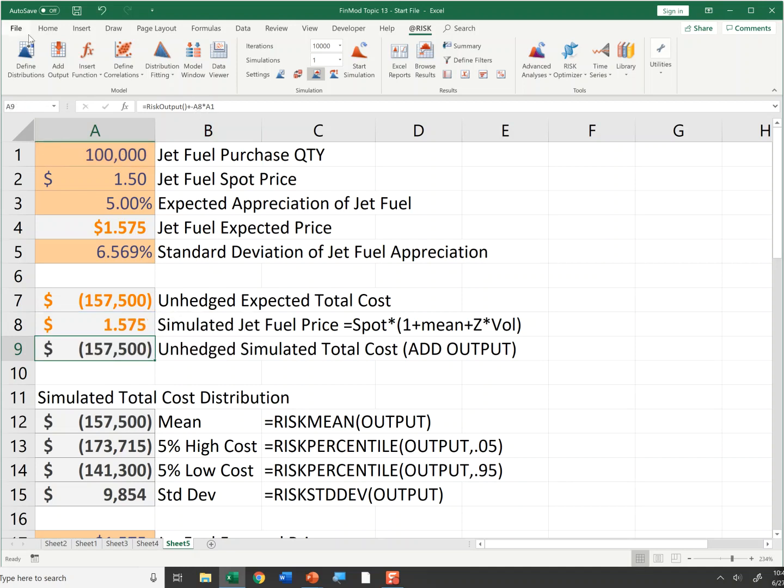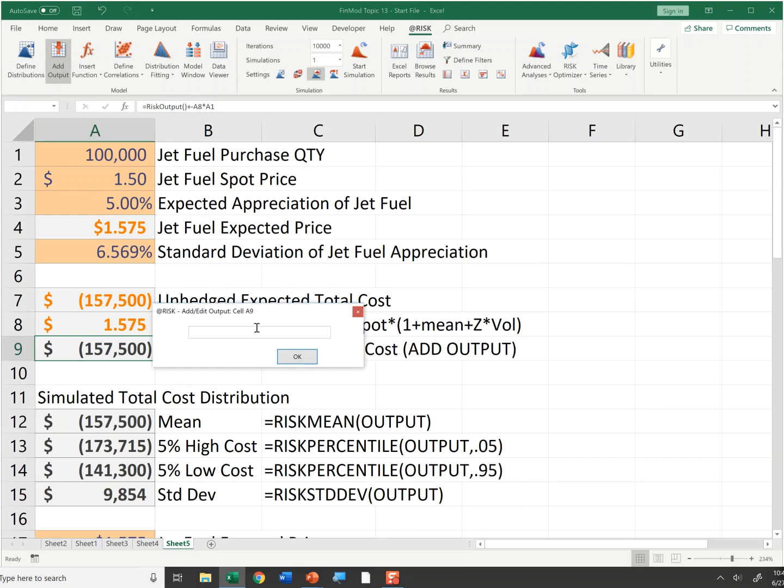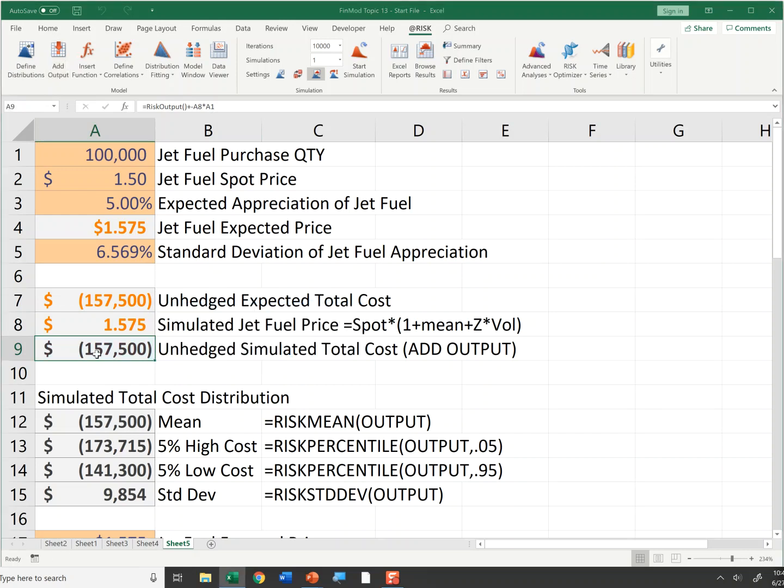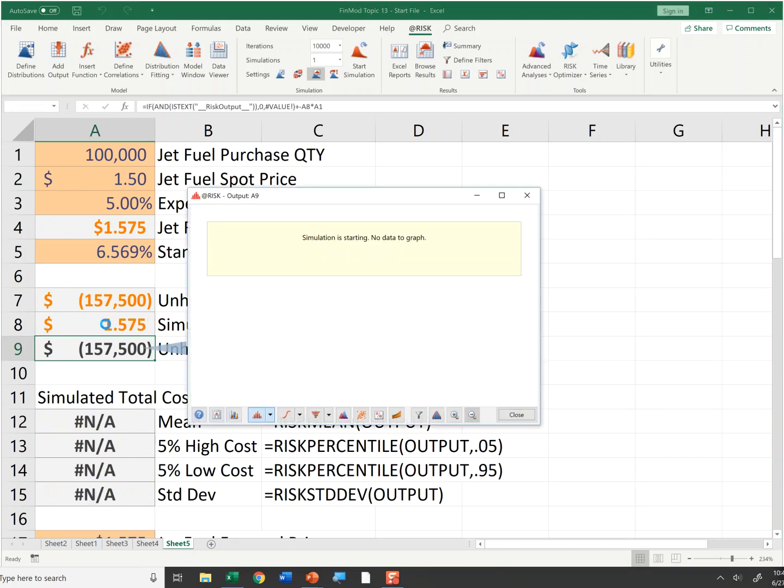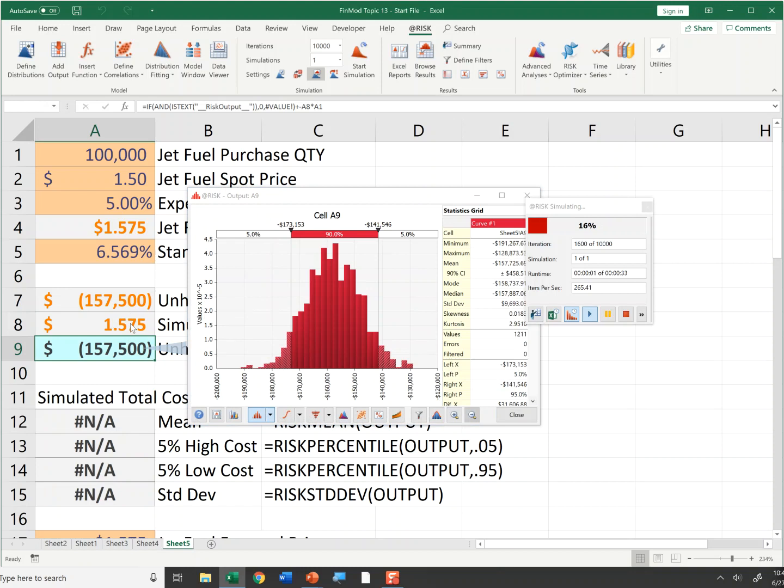But I'll then make this an output. So it puts RiskOutput in front of the formula, and now I can run 10,000 iterations. What that's going to do is generate 10,000 possible spot prices of jet fuel next year. That gives me 10,000 possible total costs of jet fuel.